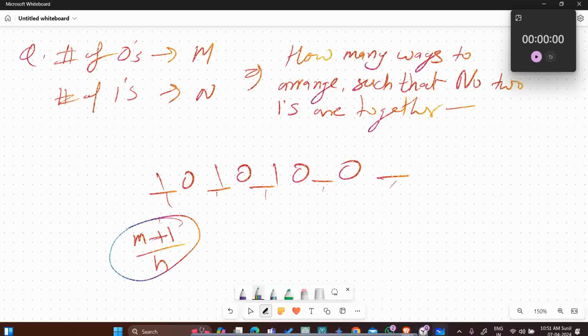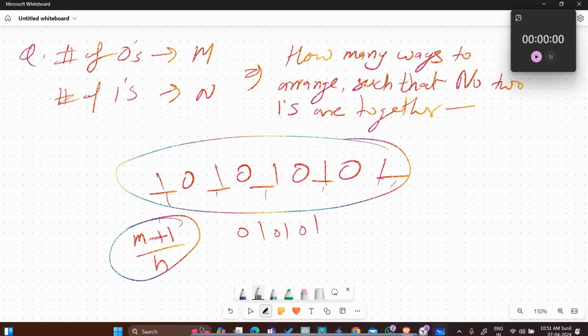For example, one way is all ones together, another way is 0 1 0 1 0 1, and the third way is 1 0 1 0 1 0.